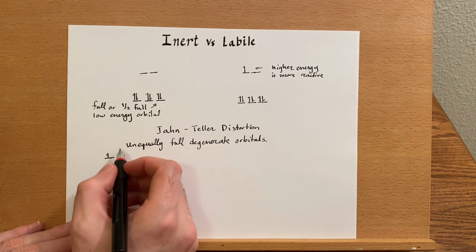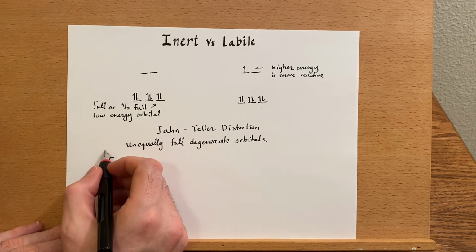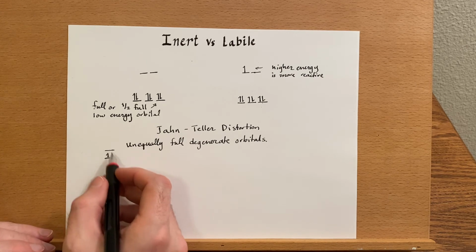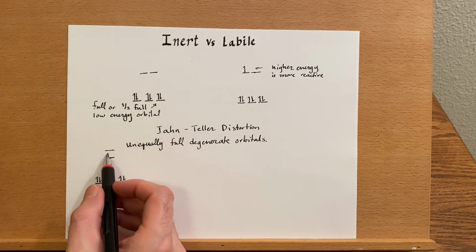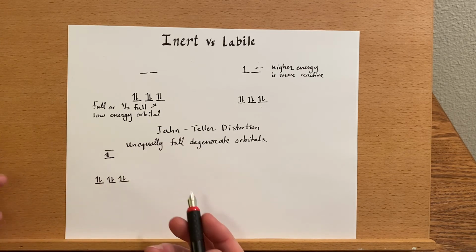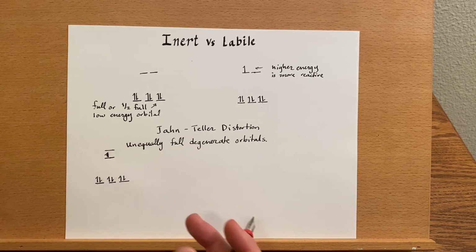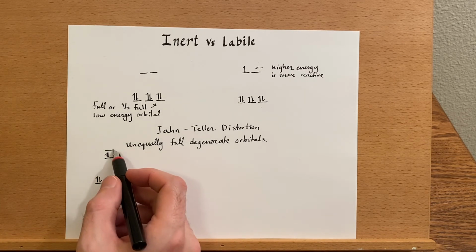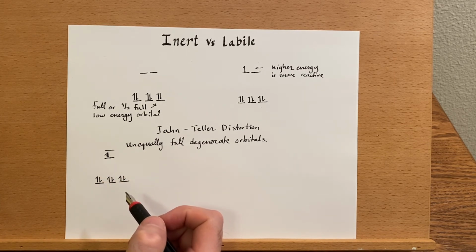So we'll have one orbital that's shifted down in energy, and I'll just draw this one up here far enough away so it's not interacting with my drawing of the electron here. None of this is particularly to scale, but the point is one of these orbitals shifts down in energy.